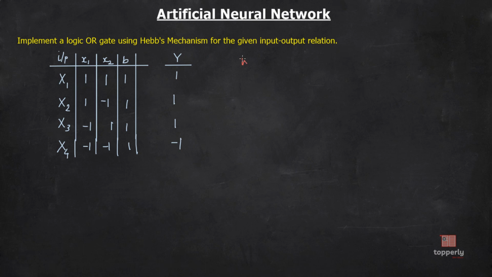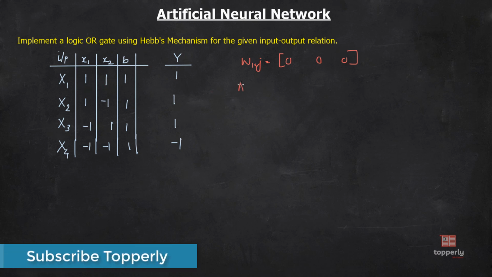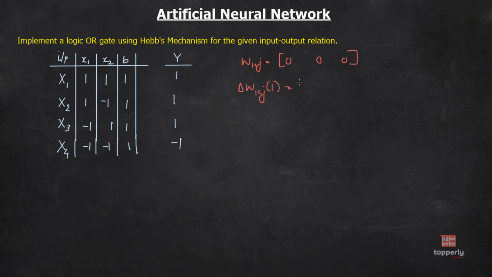In the similar fashion as before, we will take the initial weights as wkj equal to 0, 0, 0. Then, for the first input-output pair, we have delta wkj of 1 as, since the learning parameter eta is not given, we will take it as 1, into first input, that is 1 1 1, and I hope that everyone is familiar with this notation, that is instead of 0 we are using -1.